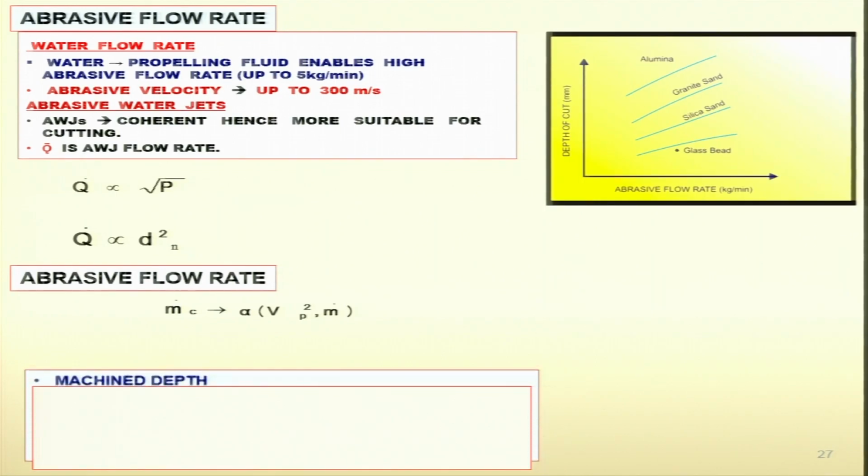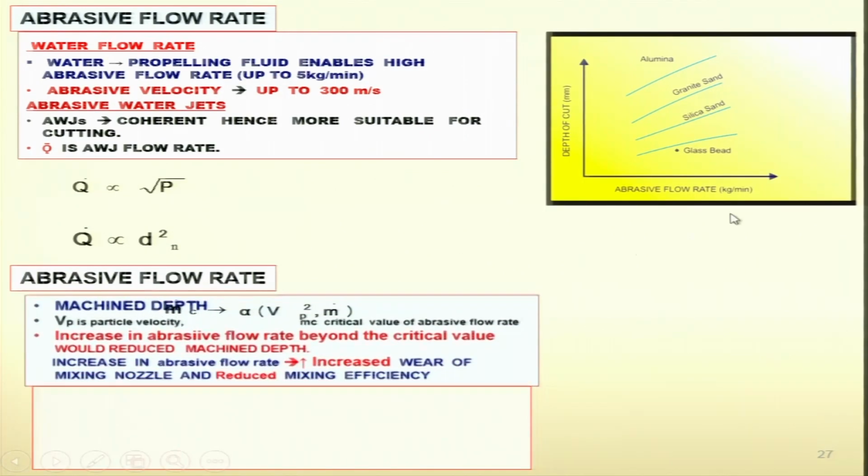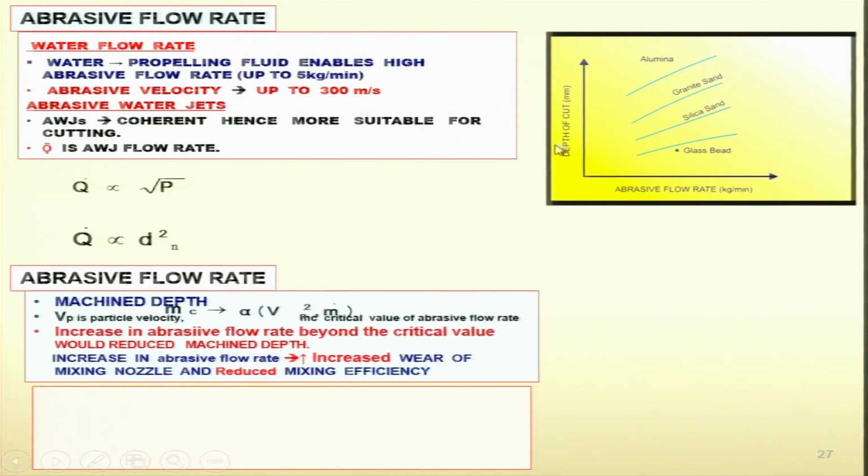Now you can see here, this is abrasive flow rate, this is depth of cut, this is for glass bead, this is silica sand, this is granite sand, and this is for alumina. So you can see over here, abrasive flow rate, machine depth. Now Vp is the particle velocity, and this you can see over here, this is mixed up.